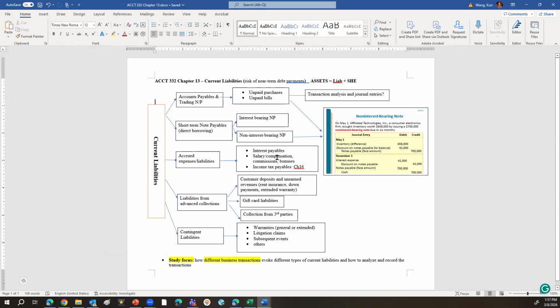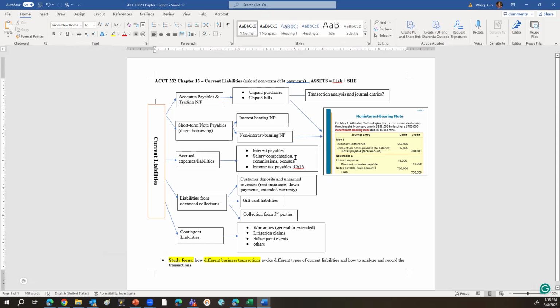Then there are salary, compensation related items, commissions and bonuses. We recognize salary compensation expense before we make the payments. That's another common item under accrued expense. Depending on your payroll, compensated vacations, sick leaves or bonuses, overall it is accrued expense.